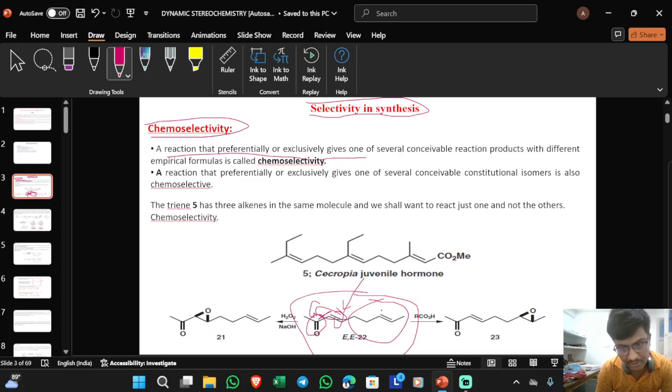But this compound has no resonance and no other effect. Only this carbon is able to react. This carbon needs this double bond to react.